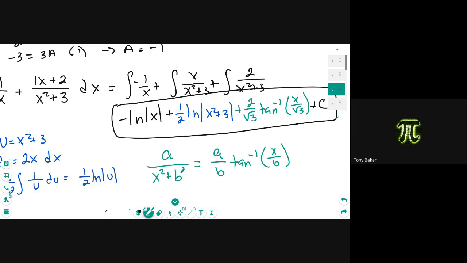I'd make sure you have that arctangent rule written down somewhere if you don't have it memorized, which I highly doubt. That one does come up quite often.